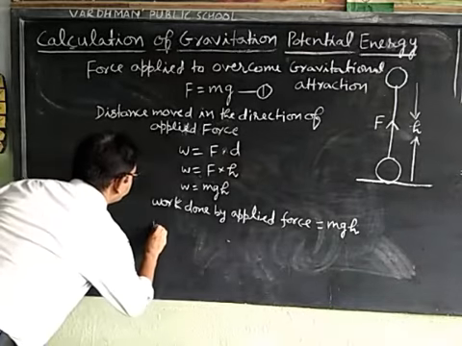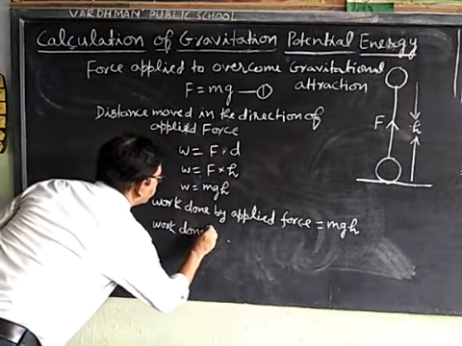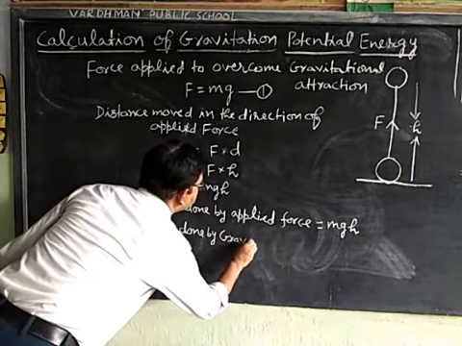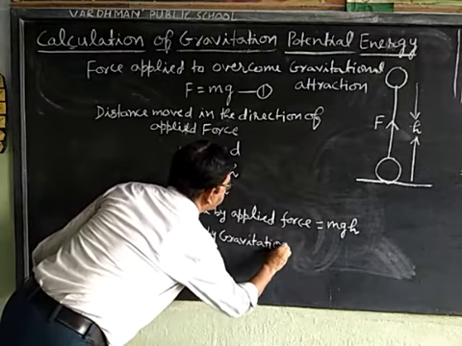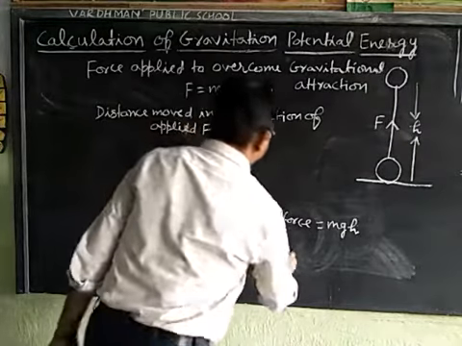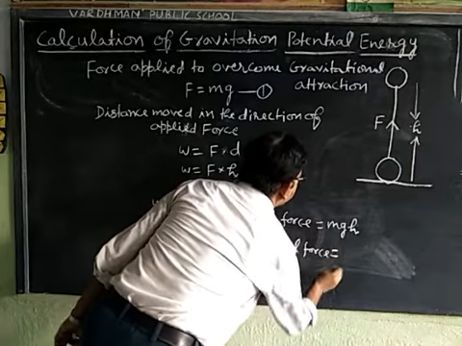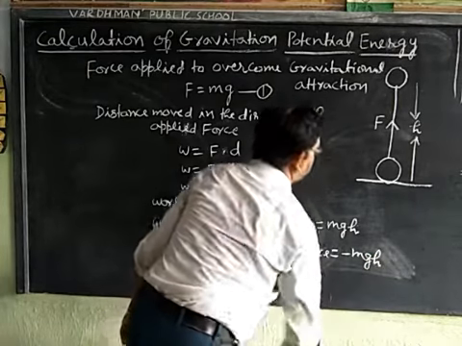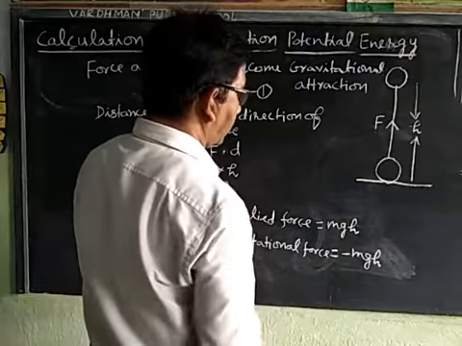Work done by the gravitational force is equal to minus mgh.